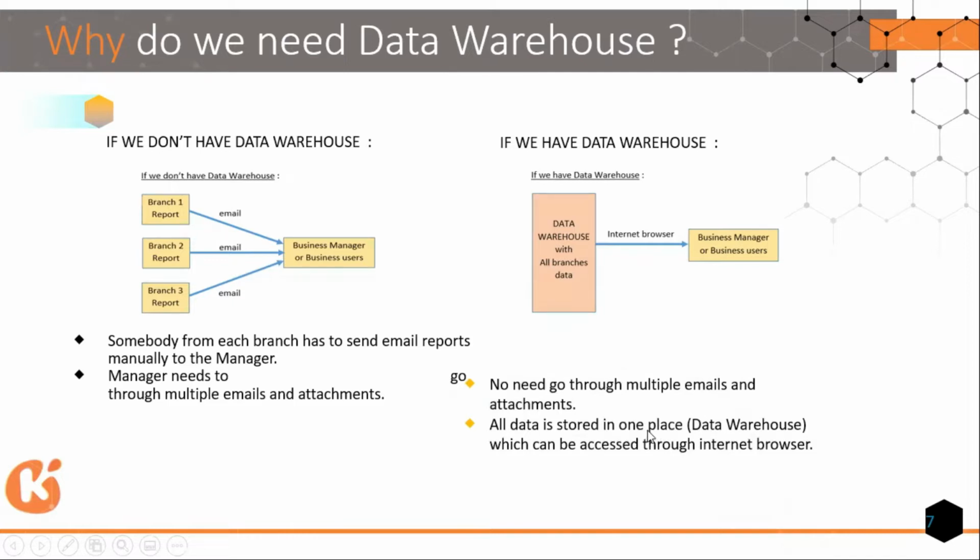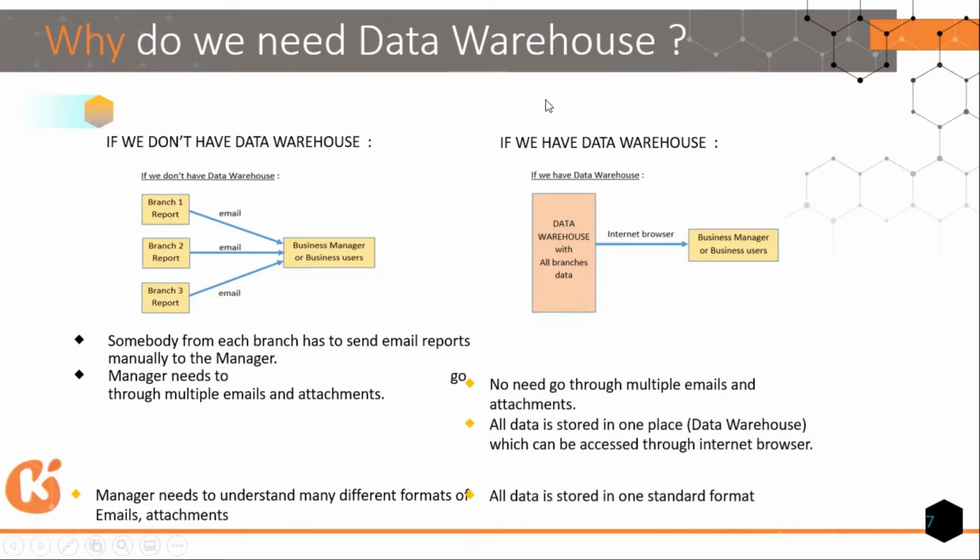All data is stored in one place, the data warehouse, which can be accessed through an internet browser. Without a data warehouse, the manager needs to understand many different formats of emails and attachments. With a data warehouse, all data is stored in one standard format.